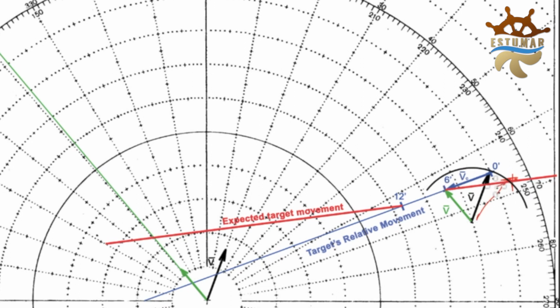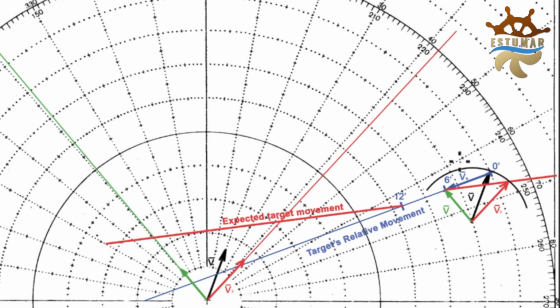We are changing only the direction towards here, and that will be our new heading. Then we again take this into the center of the board, continue the line to C, and we obtain a new heading of 042 degrees.